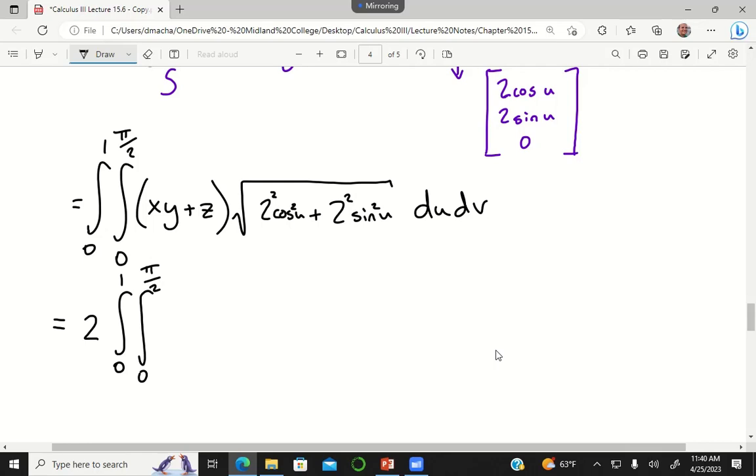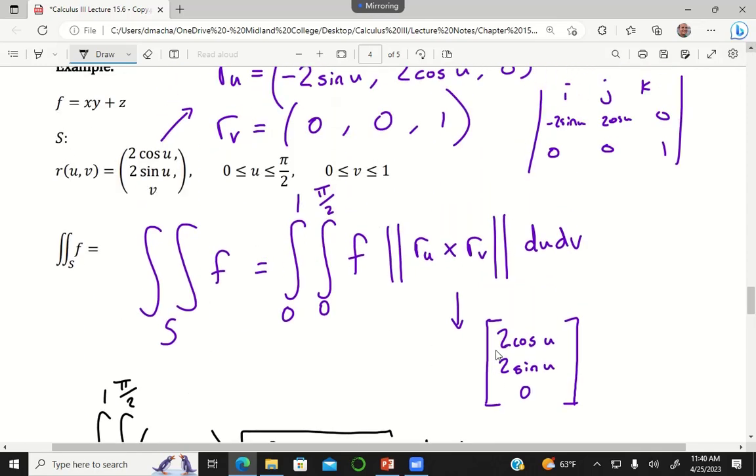And then I have to plug in for x, y, and z. I have to make those in terms of u and v, because that's what I'm integrating. I'm integrating with respect to u and v. And so x as a function of u and v is given by my parametric surface. That's 2 cosine u.